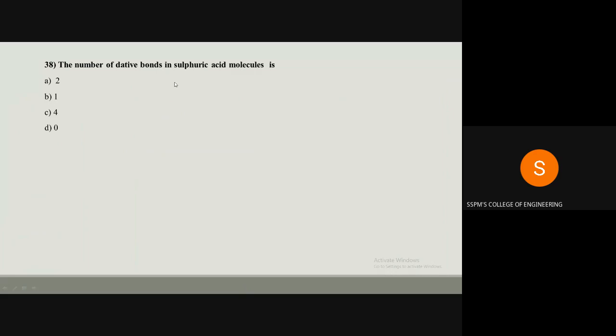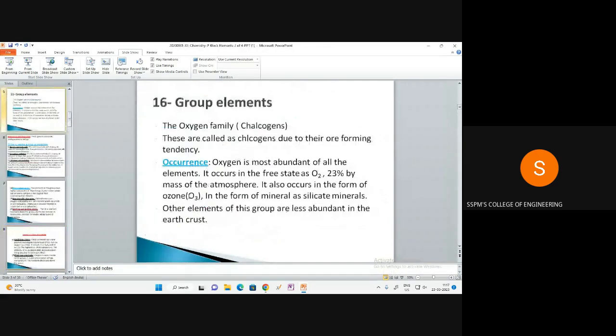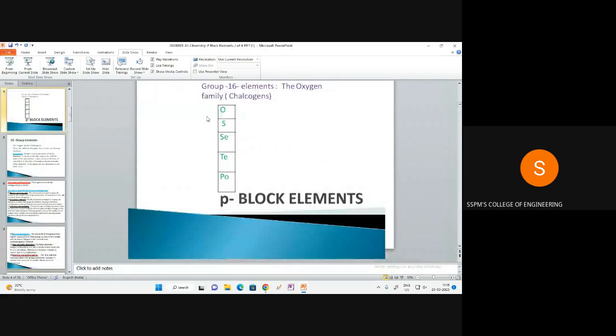On sulfuric acid, in the oxygen family, oxygen and sulfur are the important elements. Oxygen and sulfur, these are the two important elements. Uses of oxygen, uses of dioxygen, uses of sulfuric acid, uses of sulfur dioxide.